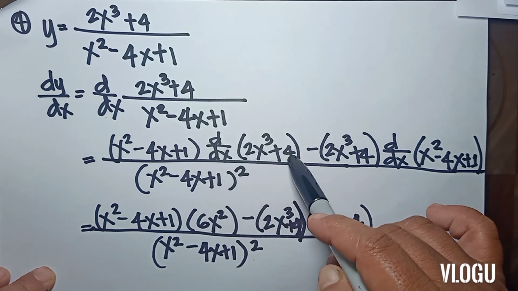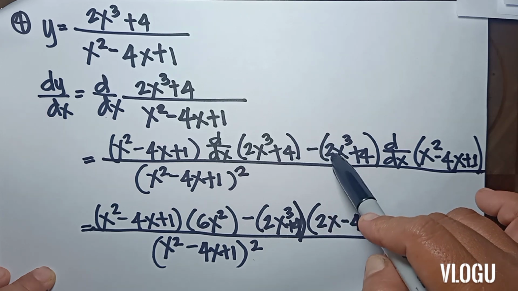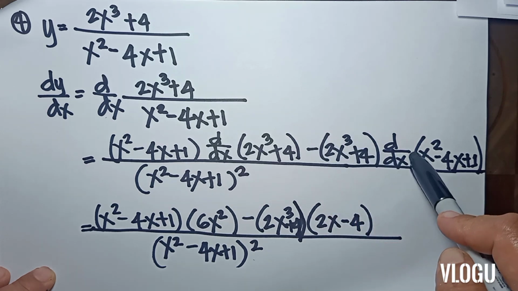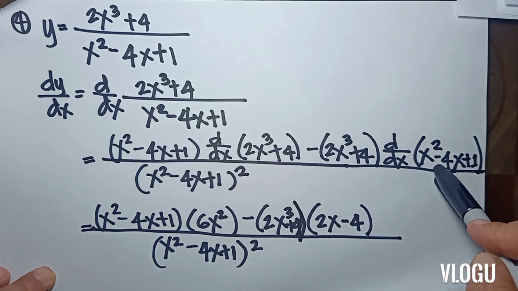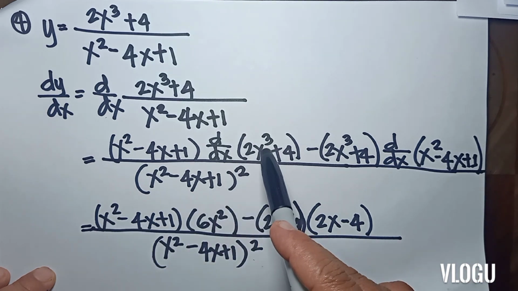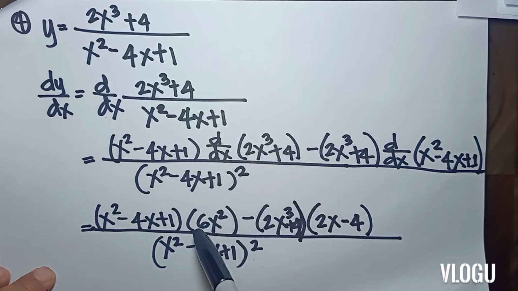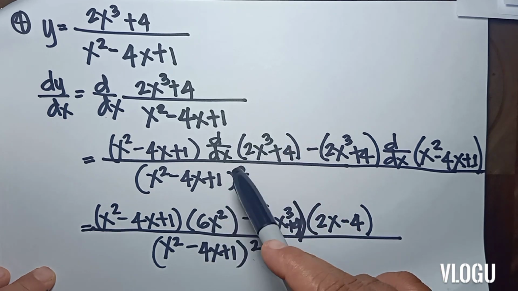Then denominator, x squared minus 4x plus 1, times the derivative of the numerator, 2x cubed plus 4, minus 2x cubed plus 4 times the derivative of the denominator, x squared minus 4x plus 1. So, after that one, we have x squared minus 4x plus 1 times the derivative of 2x cubed plus 4. 2x cubed, that is 6x squared.